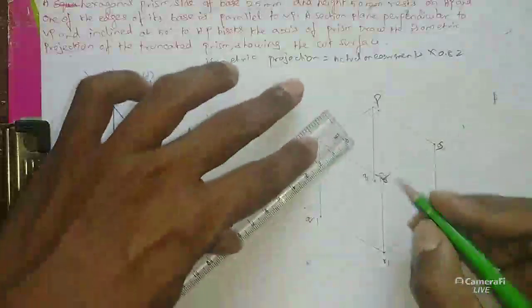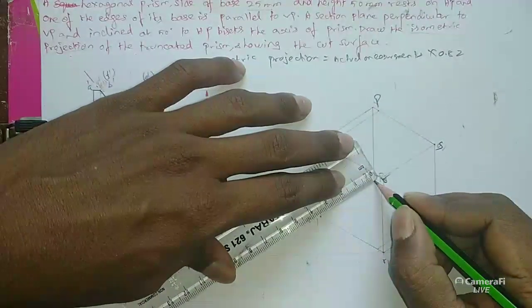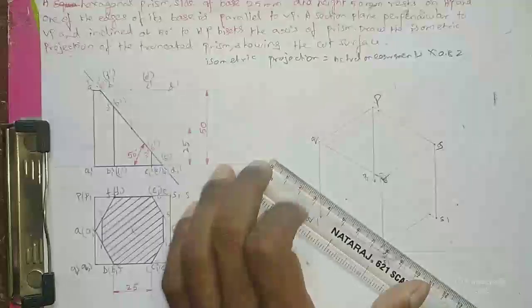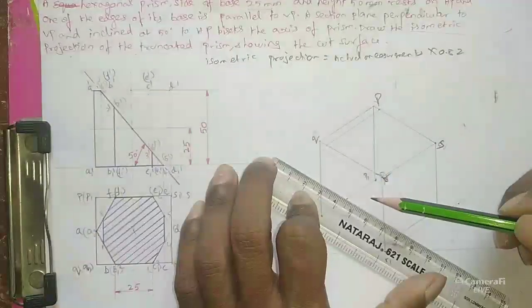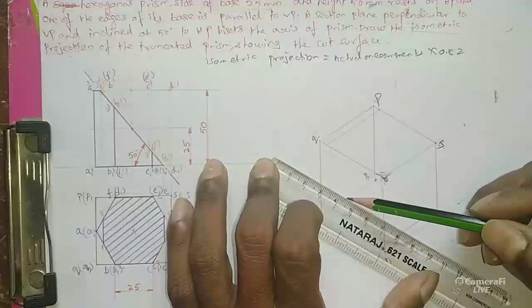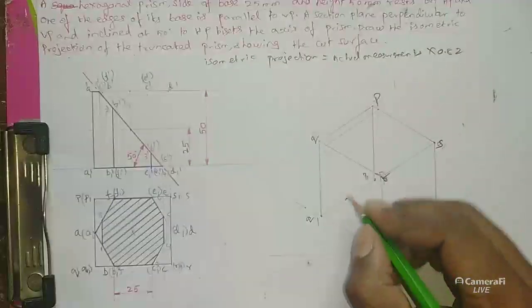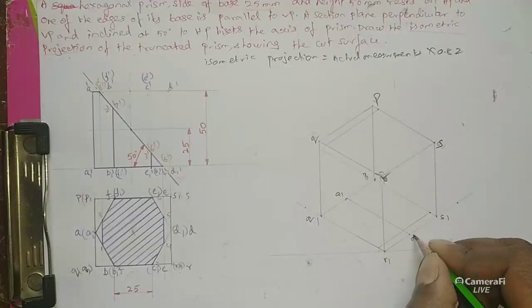So in between P and Q1 mark point 1.8 because that is the midpoint. Similarly, from that point just draw a light line. That line must be exactly parallel to P1, S1 or Q1 and R1. So this is point A1 and this is point D1.